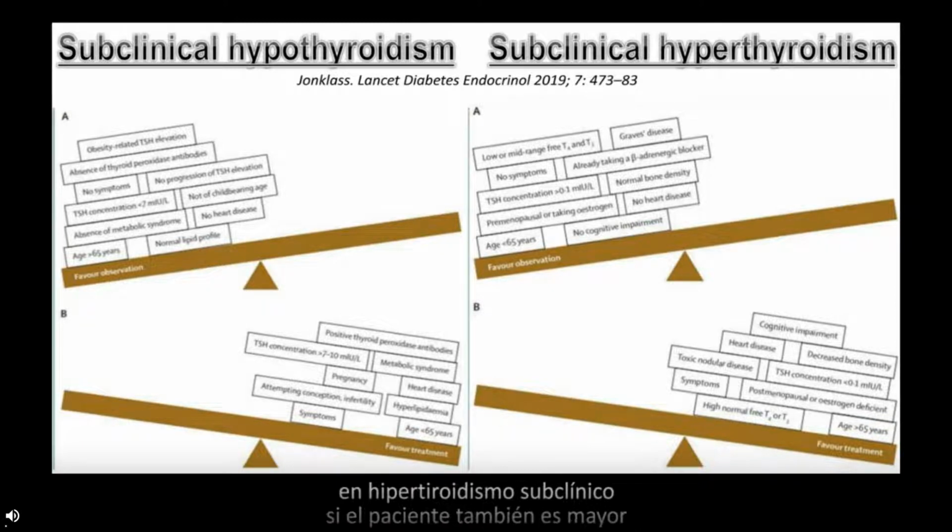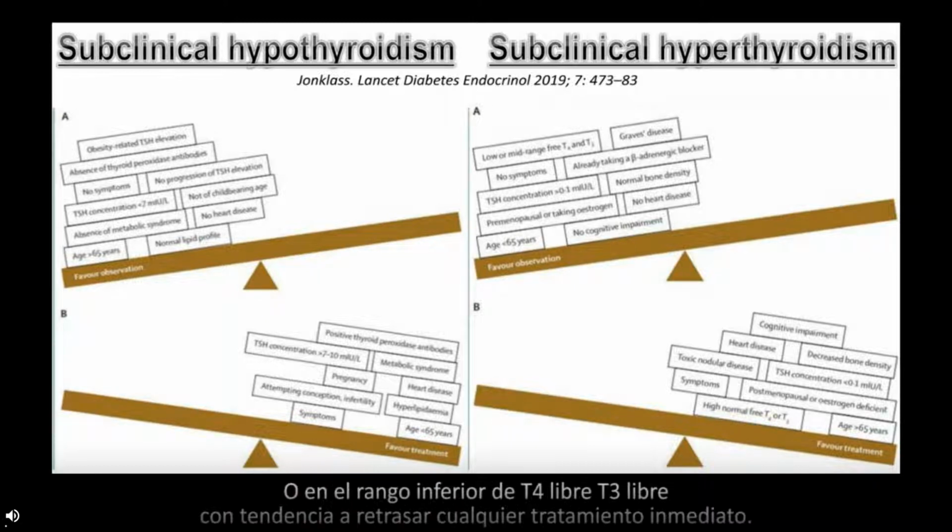Equally, in subclinical hyperthyroidism, if the patients are also older or at the lower range of the free T4 and free T3, they tend to hold off on any immediate treatment.